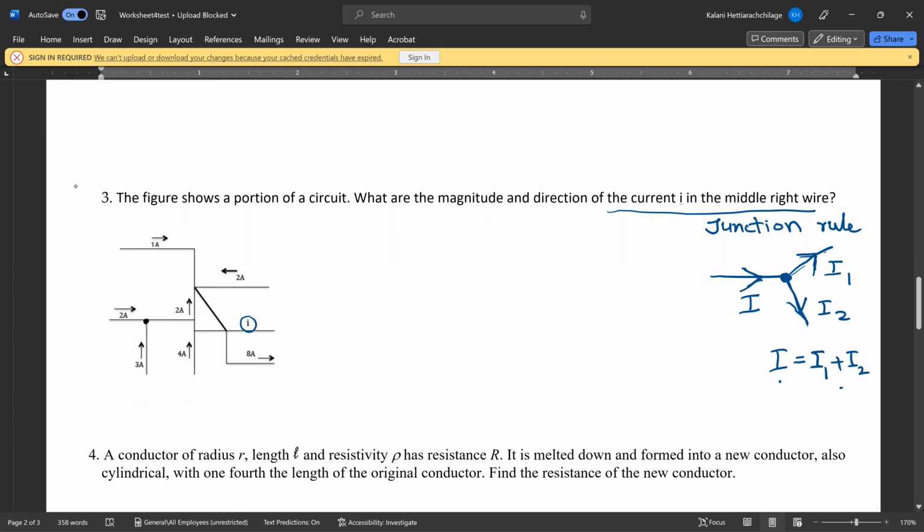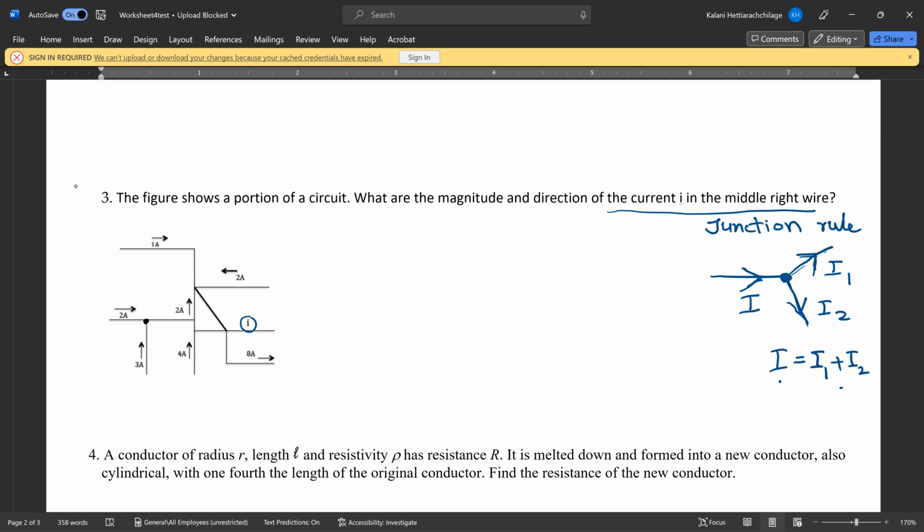This is a kind of puzzle, or maybe a kind of game, that you are thinking of, right? So now when I use the junction rule, I need to identify where to start. You need to decide a starting point. How do you decide? Usually if you have 3 wires in the junction, you should know at least 2, then the other one you will be able to find.